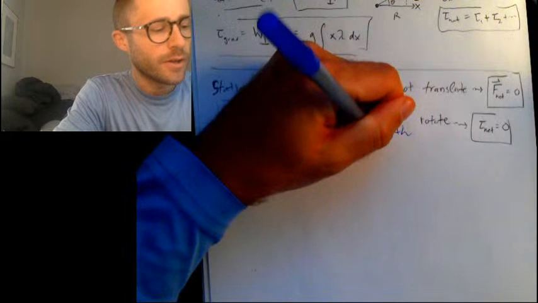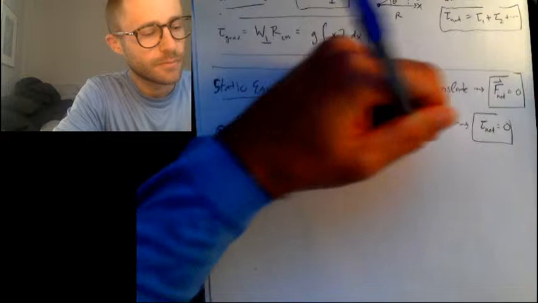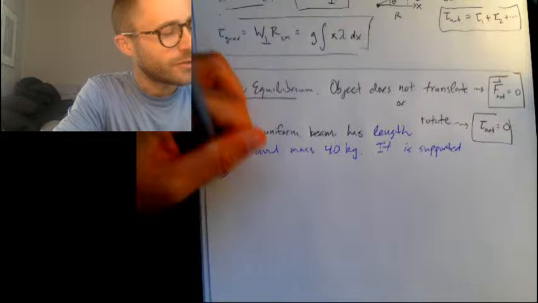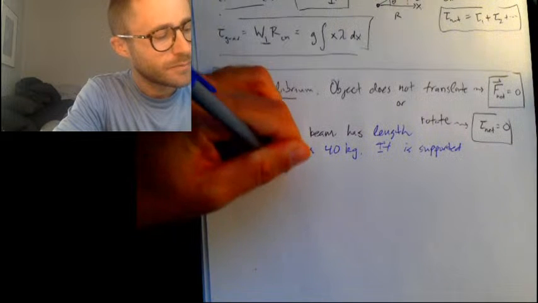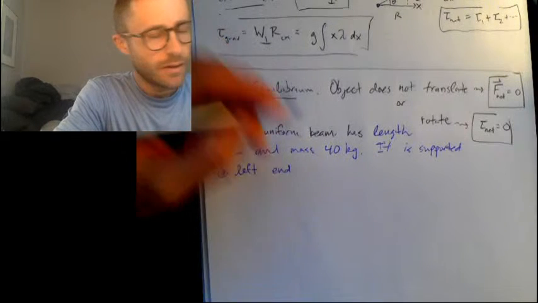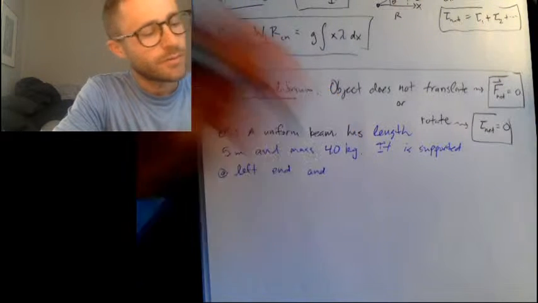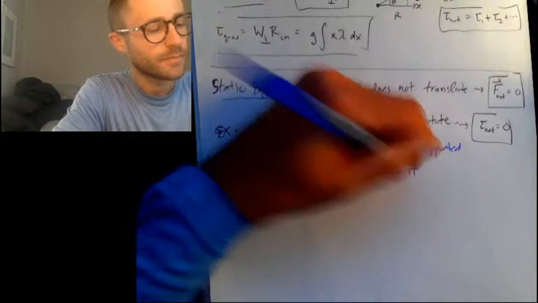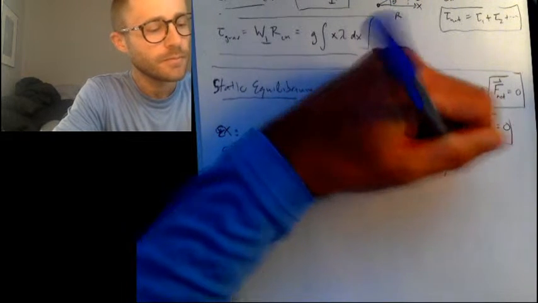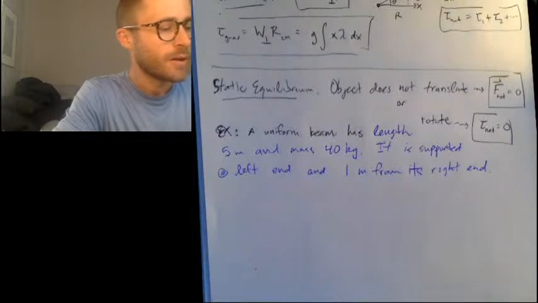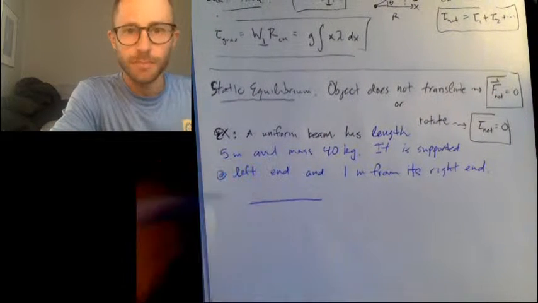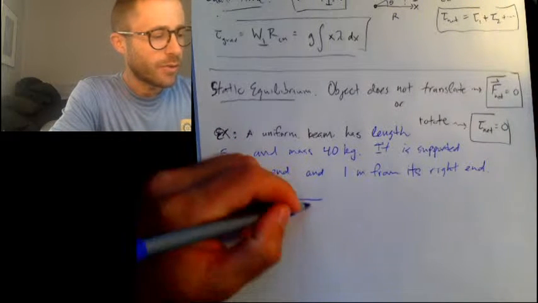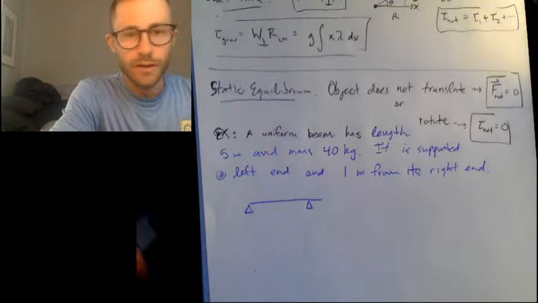It is supported at its left end, and let's say 1 meter from its right end. So here's the picture. You've got this beam. It's supported at the left end, and it's supported 1 meter from the right end.